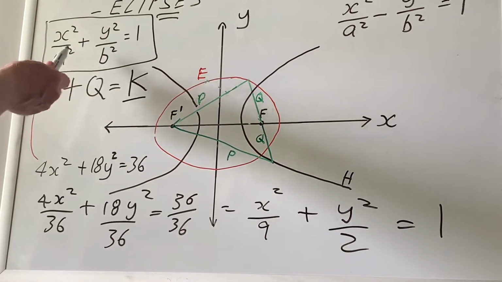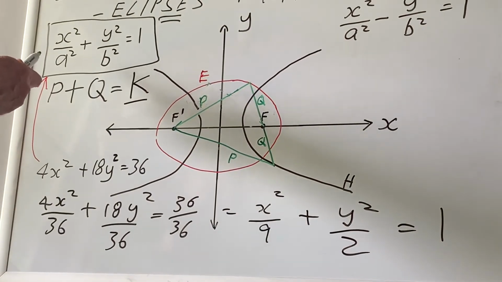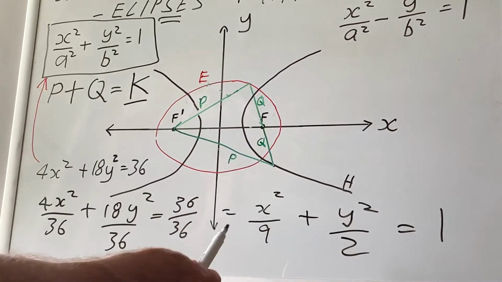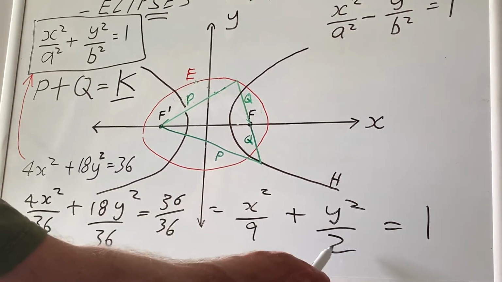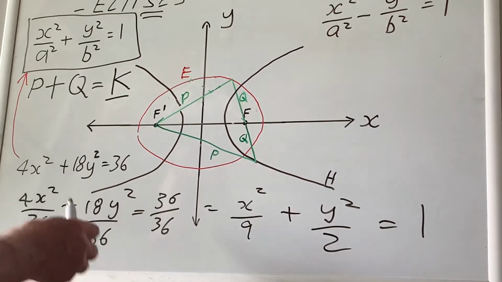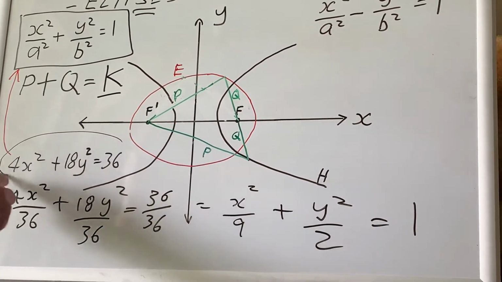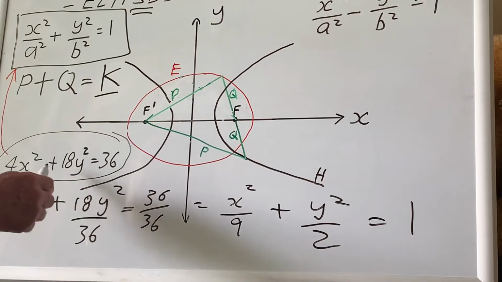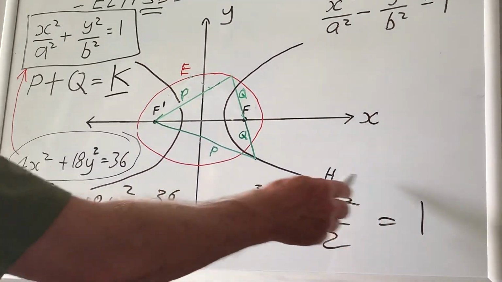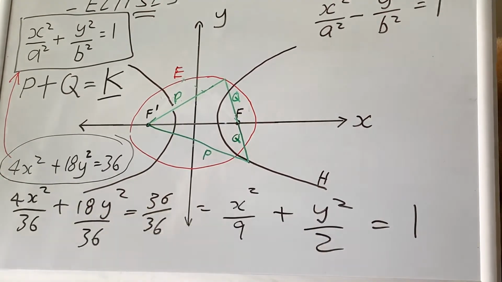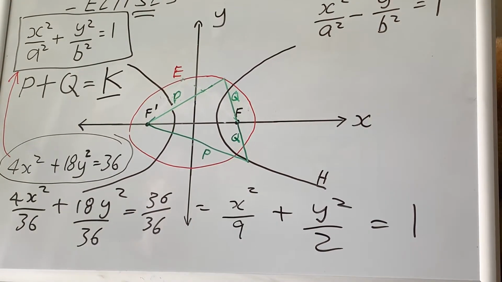Now we have it in the form of our general equation: x squared on 9 plus y squared on 2 equals 1. So the equation we started with, 4x squared plus 18y squared equals 36, is an ellipse, and this is it in the general formula of an ellipse.